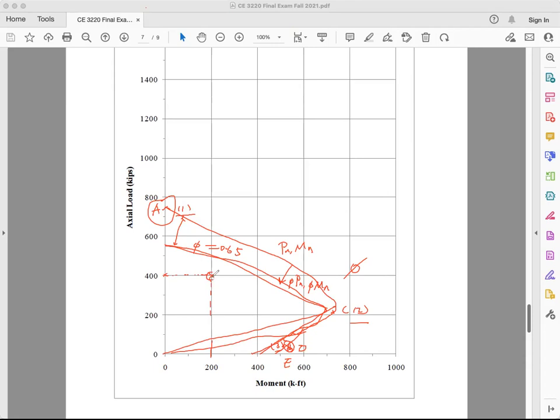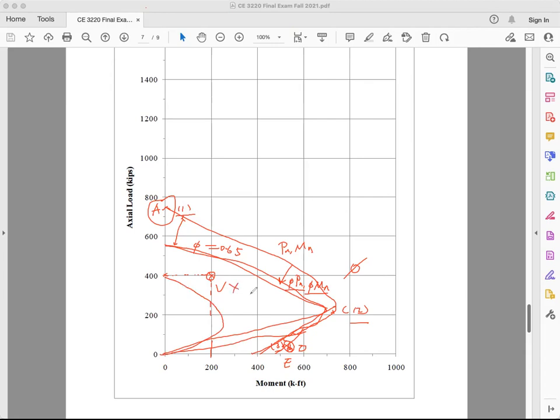So I have a point here. If this point is inside the design envelope, which is inside phi Mn, phi Pn, then you're safe. Now, if this point is outside of the phi Pn, phi Mn curve, then you're not safe.